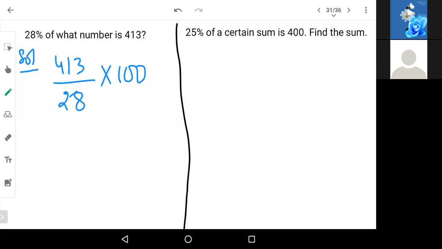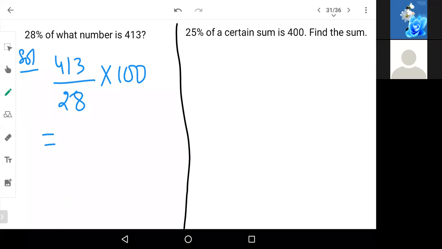When they asked us to find the percentage, we took the part number, divided it by the main number into 100, right? Now here we are supposed to find the main number. So part number, which is 413, divided by the percentage, which is 28, multiply it with 100. So 413 by 28 into 100.